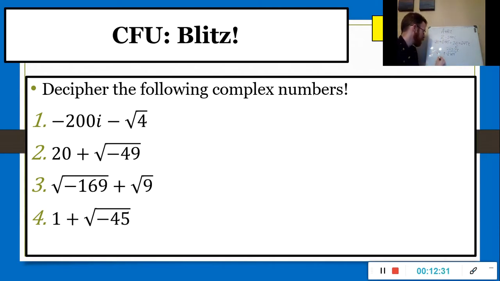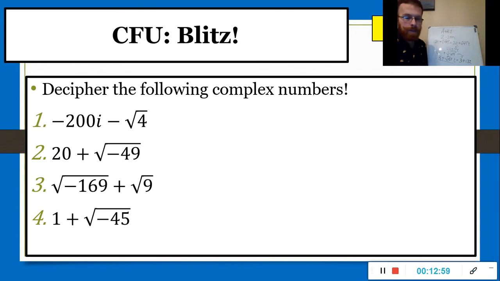The square root of 9, obviously, is 3, plus the square root of 169, i. Well, what's the square root of 169? 13. So the square root of 9 plus the square root of negative 169 is the same thing as 3 plus 13i.